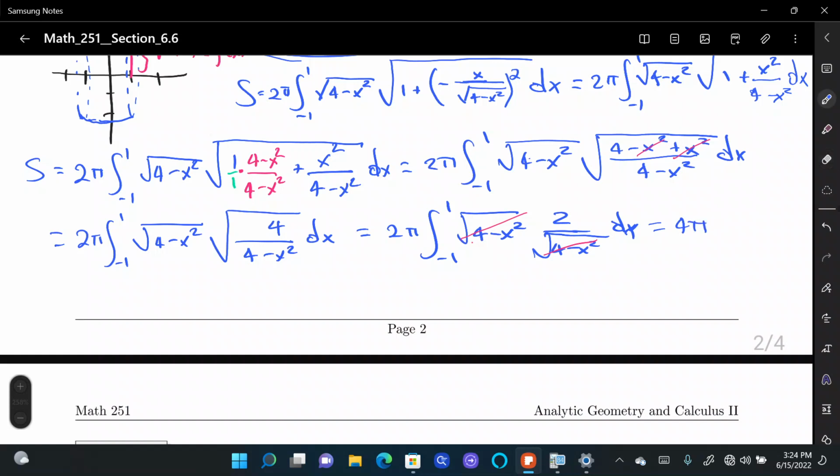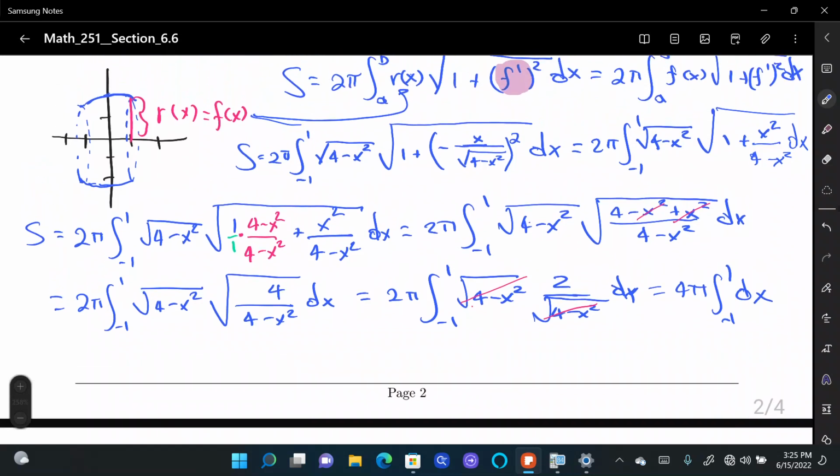Four pi times the integral from -1 to 1, with respect to x. So not even a variable is inside of the integrand. Now this is the thing. You might want to take advantage of the symmetry of this shape. Do you see the shape? Let me scroll it up a little bit.